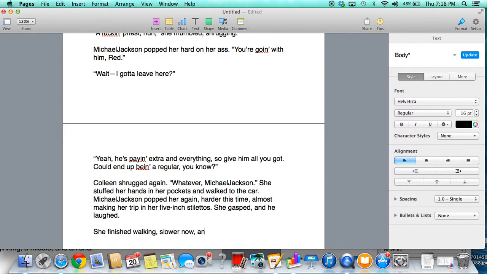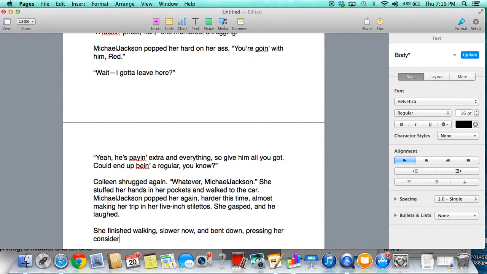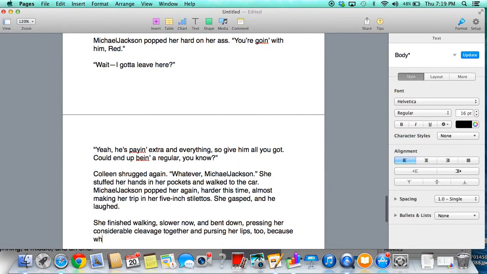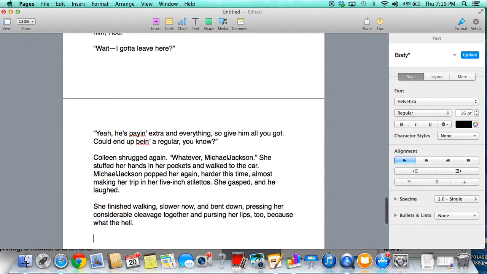Slower now. And bent down. Pressing her considerable cleavage together, and pursing her lips too, because what the hell? Because what the hell? You ready to go, big boy? She crooned.